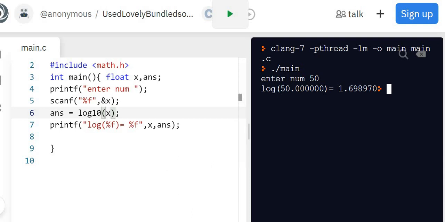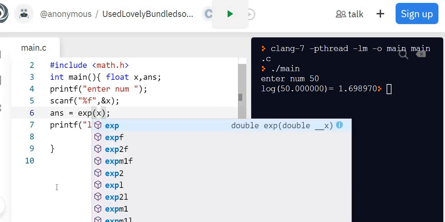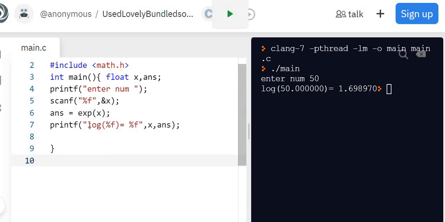Okay. Now exponential. Exponential means e raised to x. So here if you use exp, you will get exponential. Exp of x, that is e raised to x.